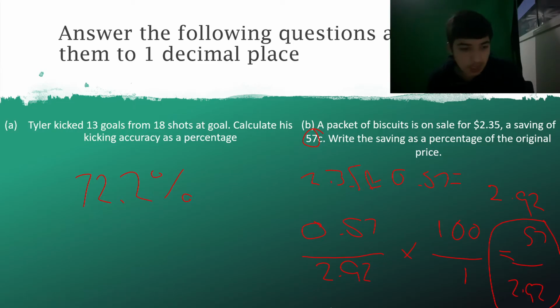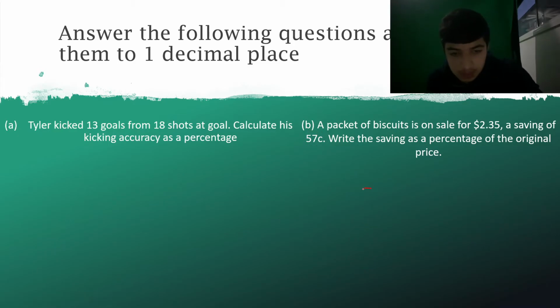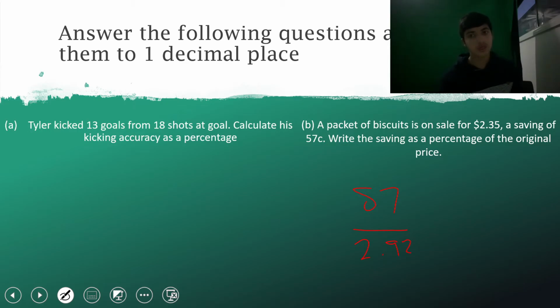So we have this here. Let's just remove everything so it's clear. So we have 57 divided by 2.92. Okay, so now we can divide it.